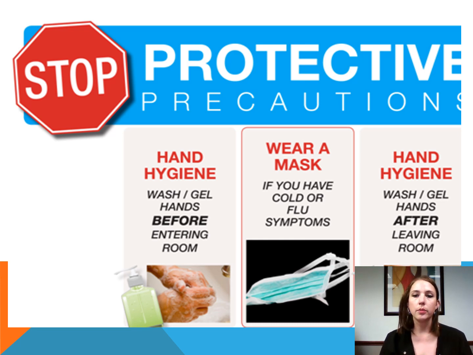Right now, every person entering the facility has to wear a cloth face mask, so that is sufficient for these patients. I would say that you don't want to go into these rooms if you have any type of cold or flu symptoms, because currently, if you have cold or flu symptoms, you're not allowed to enter anyways. As well as performing that hand hygiene that we know is so important before going in or leaving the room.